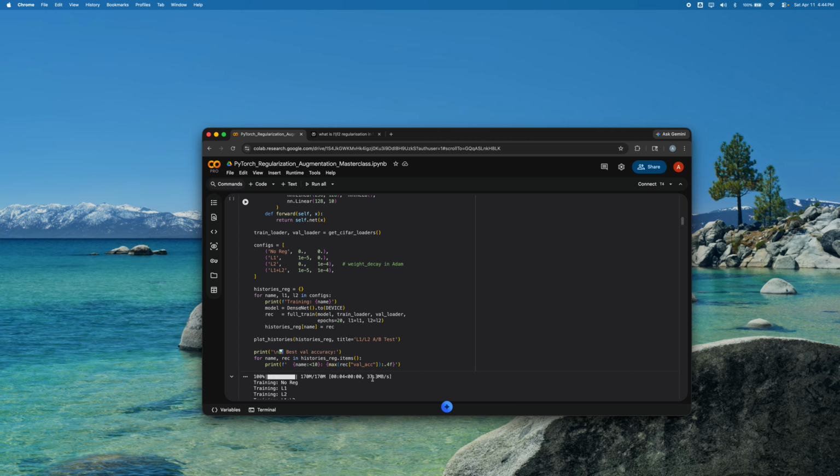Whereas L1 adds a penalty proportional to the absolute value of each weight. This tends to push some weights all the way to zero. Like in L2 it just reduces them nearer to zero, but in L1 it will completely push the value to zero.